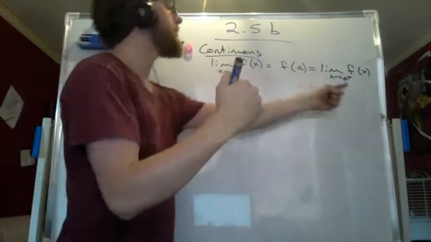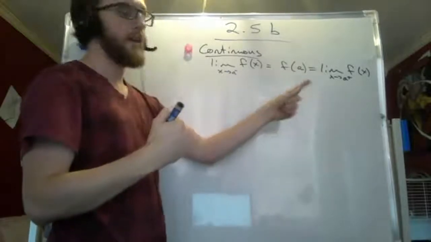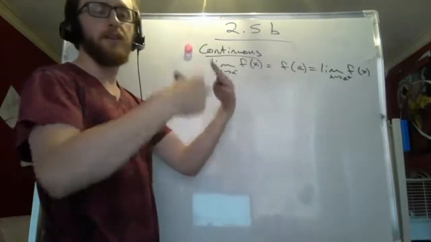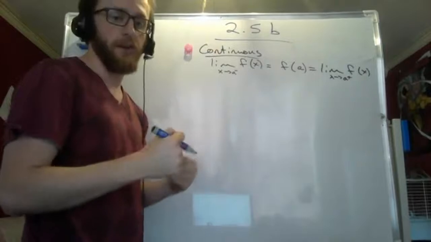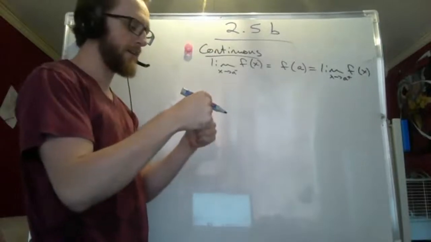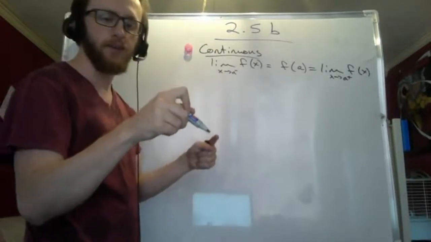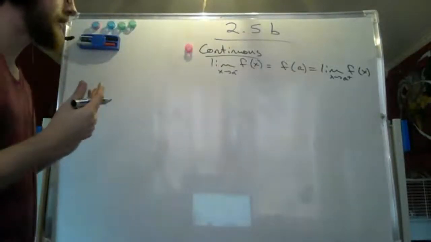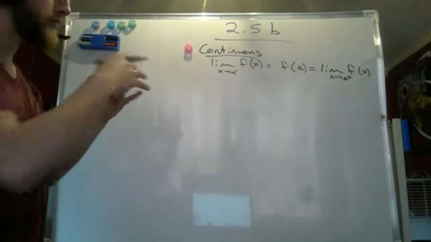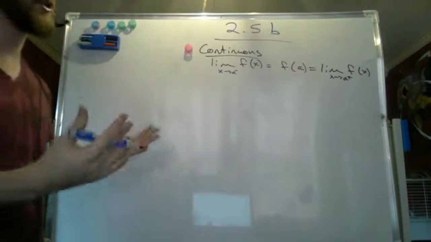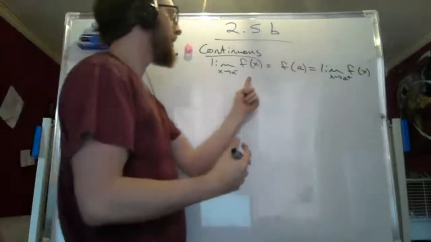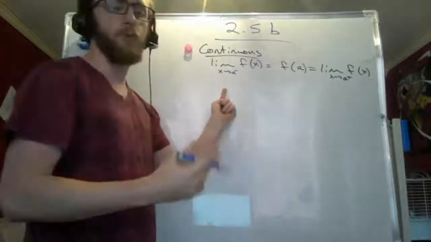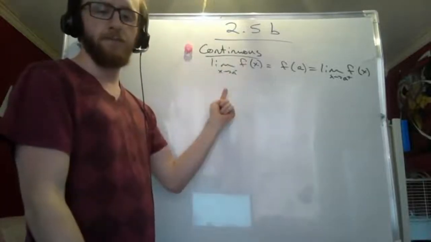But not only do they meet at the same point, they meet at the point that the function actually equals there. So they're all fully connected, and so we call that continuous. In general, we say that a function is completely continuous, the entire function is continuous, if it's continuous at every point, for every possible a.